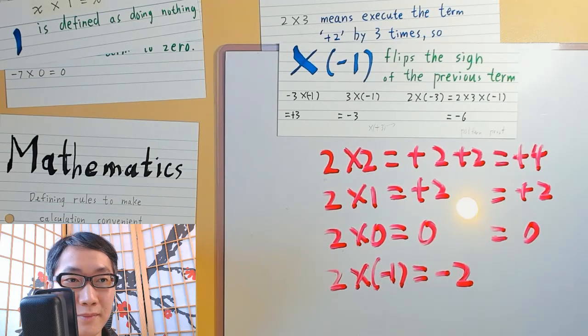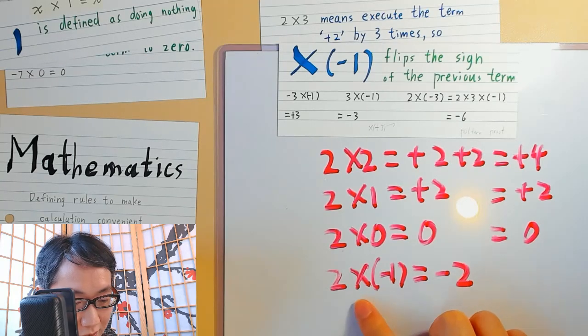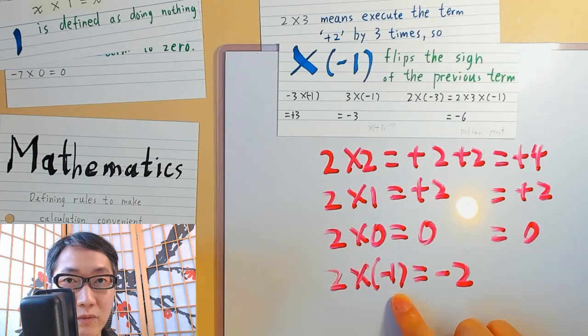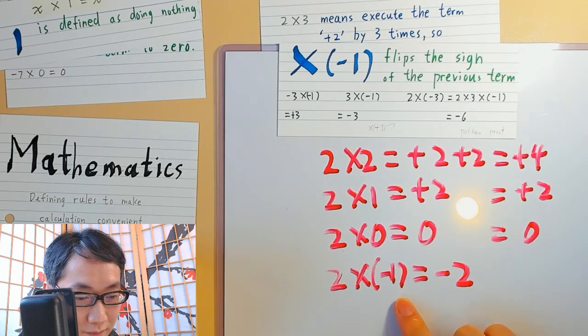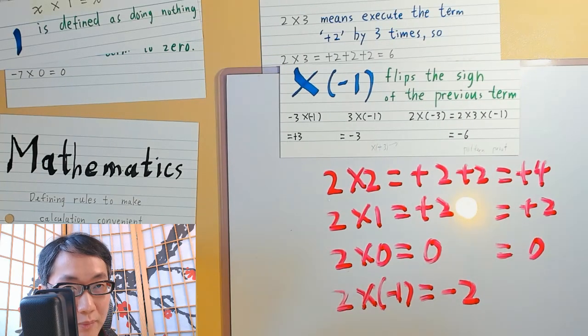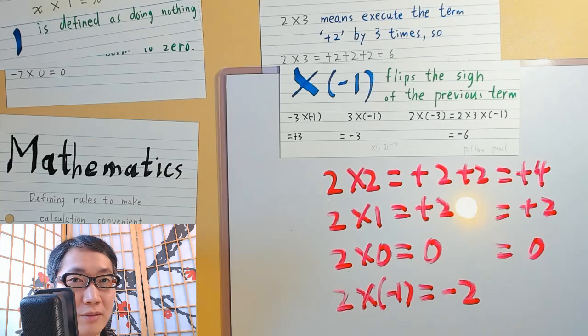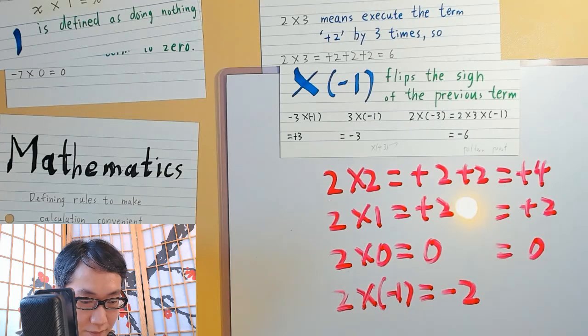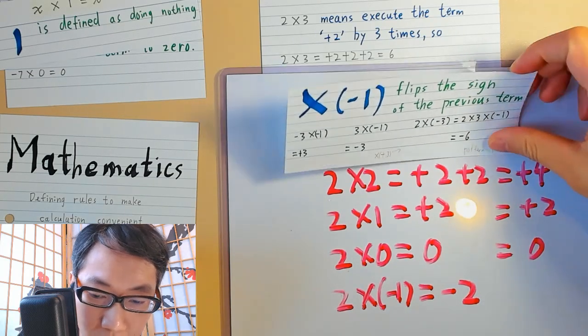That's why it's flipping the sign of the term if we multiply it by -1. So we multiply anything by -3, that will mean do the reverse of the term 3 times.